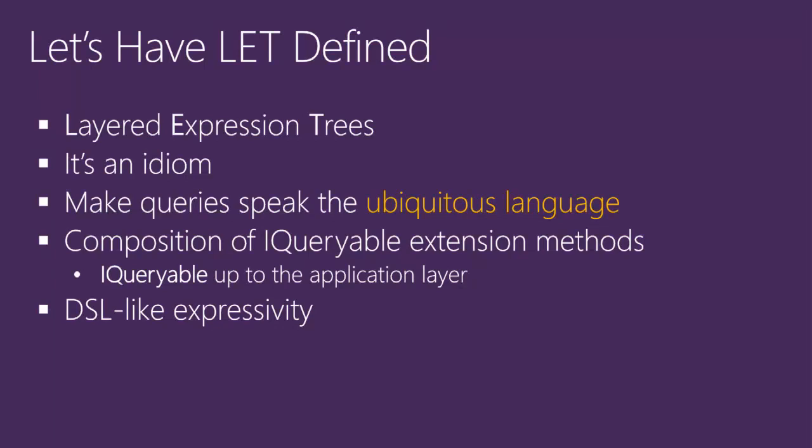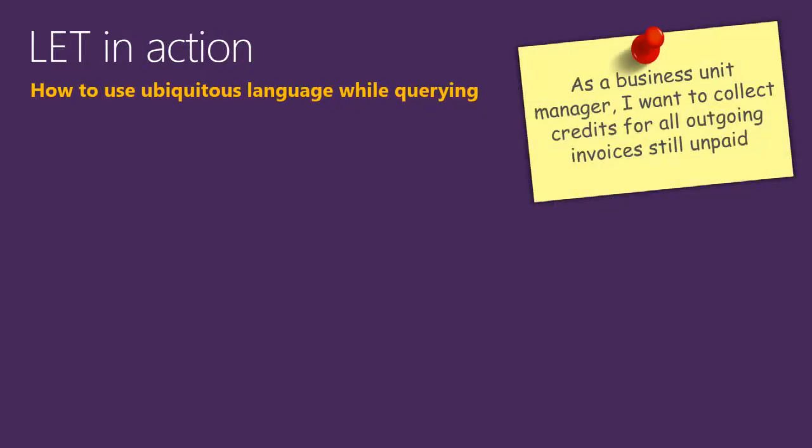So, let's say that we have a query like this to write. As a business unit manager, I want to collect credits for all outgoing invoices still unpaid. So, we have a database, the wrapper, the public access to the entire read model.